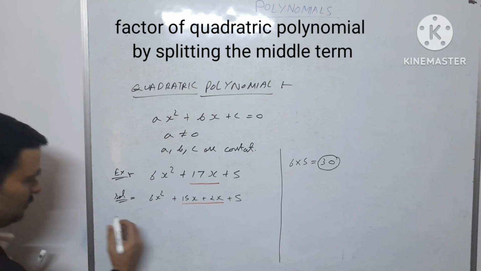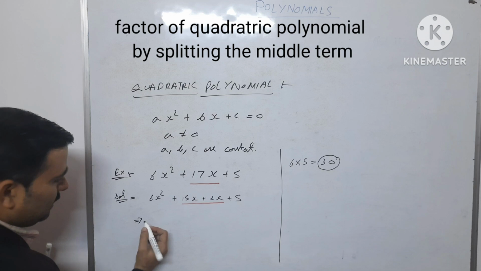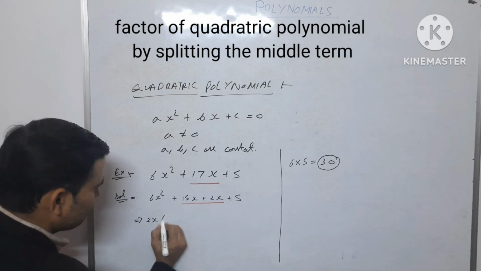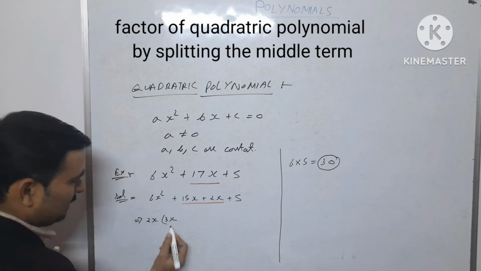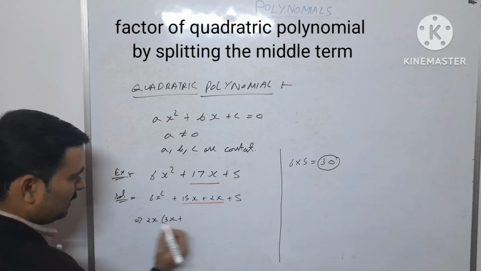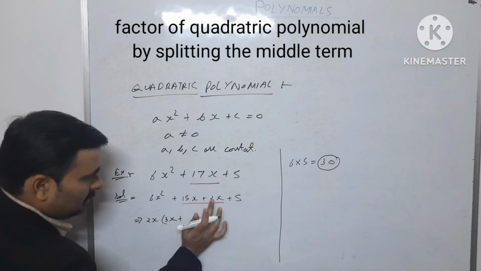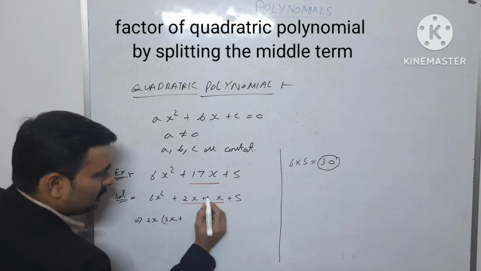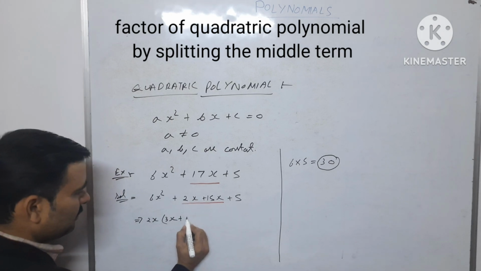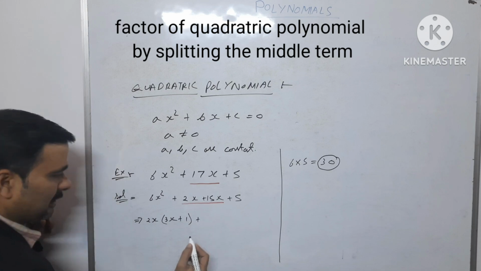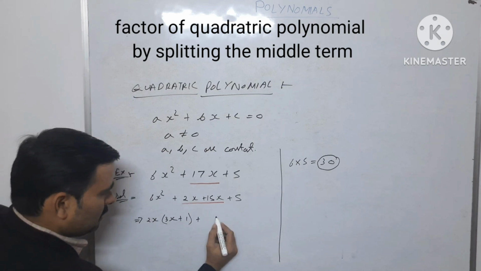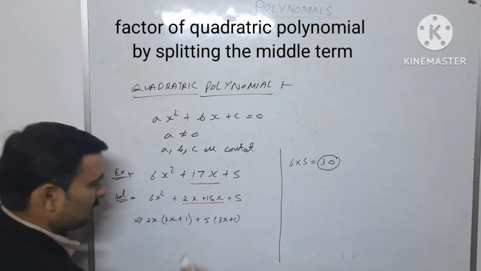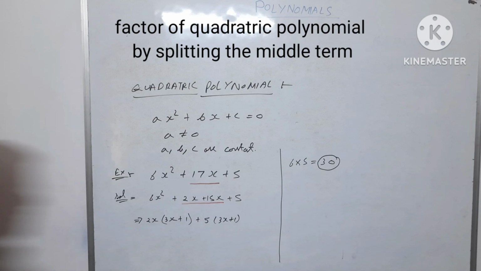Now we will take common factors. Taking 2x common from the first two terms, we get 3x plus 1, and we can keep 5 outside the second bracket from 15x plus 5, which gives 3x plus 1.